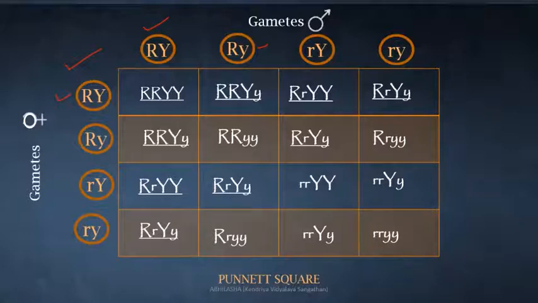Then there are some where one of the dominant traits is present, that is round. So capital R is present in at least one copy, but for Y both copies are small in all these 3 combinations. So we have 3 plants which show round seeds which are green in color. Now let's see the other combination, wrinkled seeds which are yellow in color.